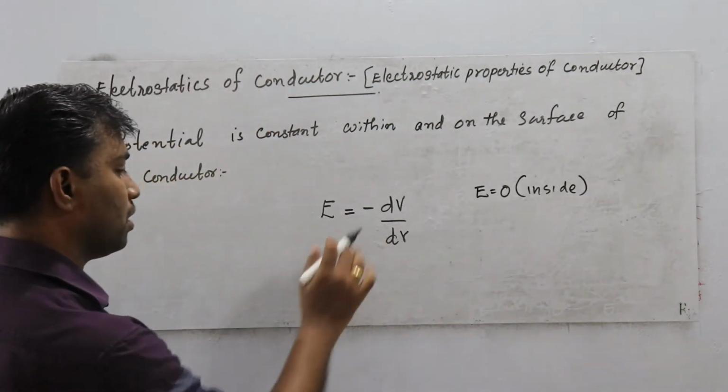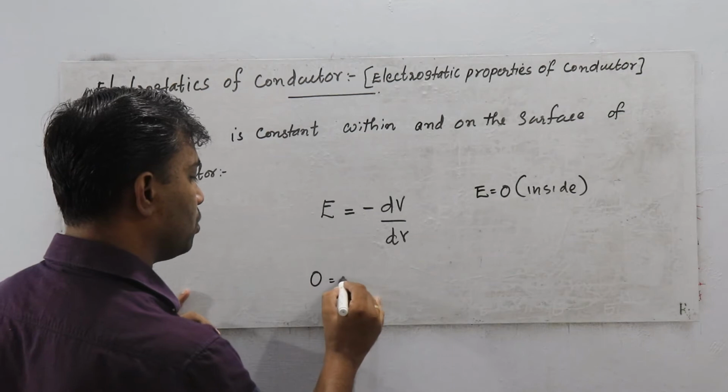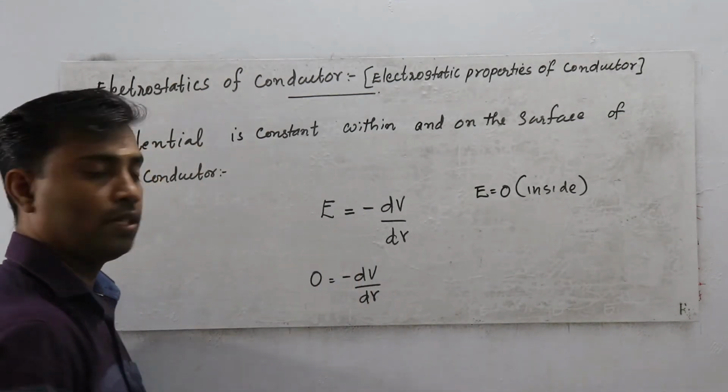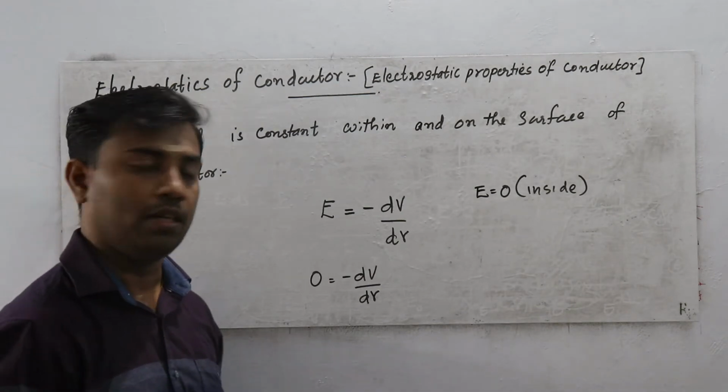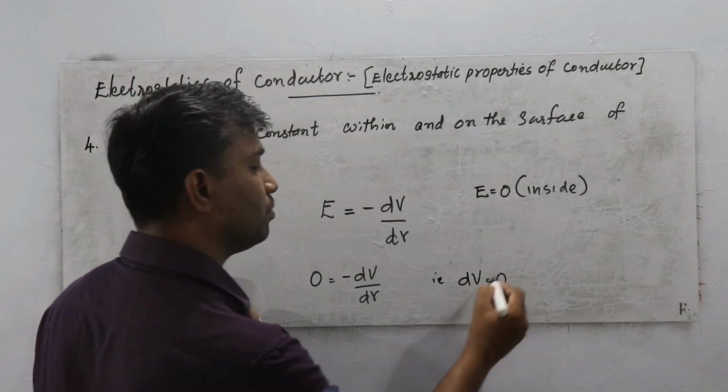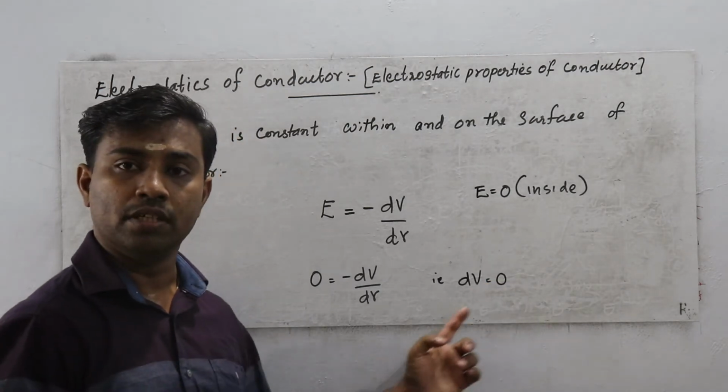So what will happen to this equation? 0 is equal to minus dV by dr, that is, dV is equal to 0.